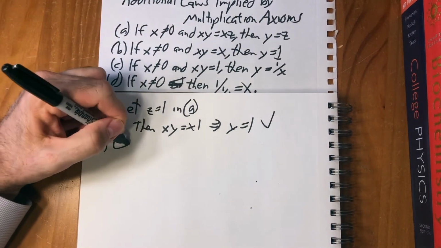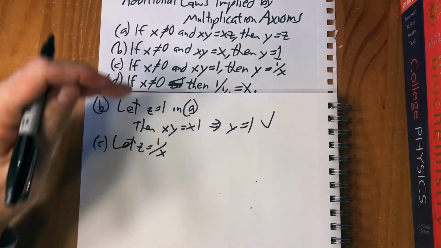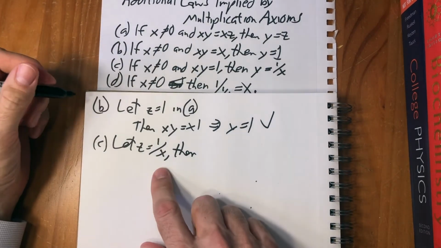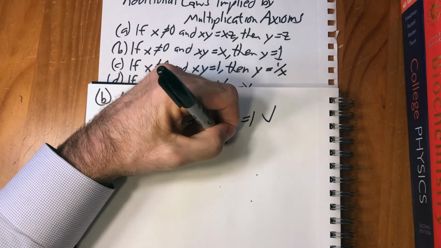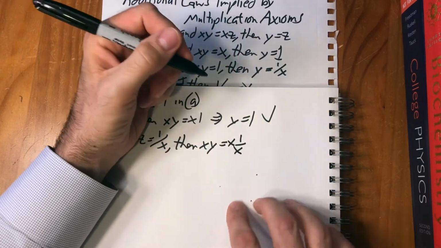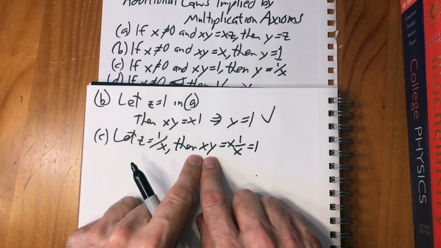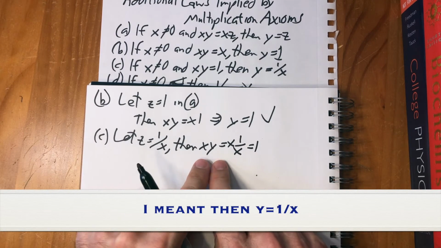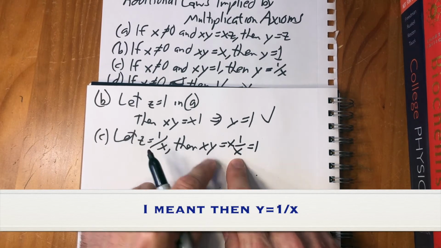C. If we take z equal 1 over x and plug it into A, then we have, again, xy equals x times 1 over x, which equals 1. Right, so what we're trying to prove is that if xy equals 1, then y equals 1 over x. And from A, we have xy equals xz, then y equals z.